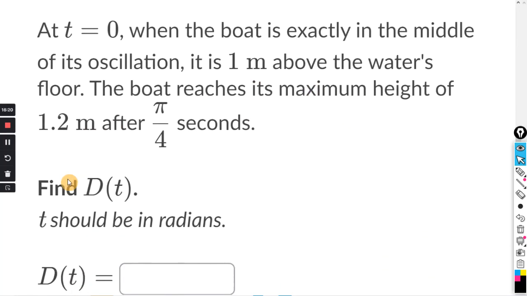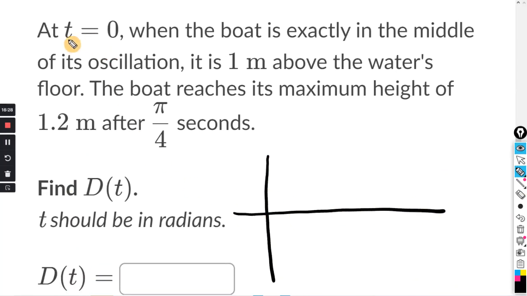All right. Quick sketch here. As usual, it's in terms of t, so the x-axis is t. Okay, at 0, the boat's in the middle of its oscillation, 1 meter above the floor. Okay, so right here is going to be 1. That's right in the middle.